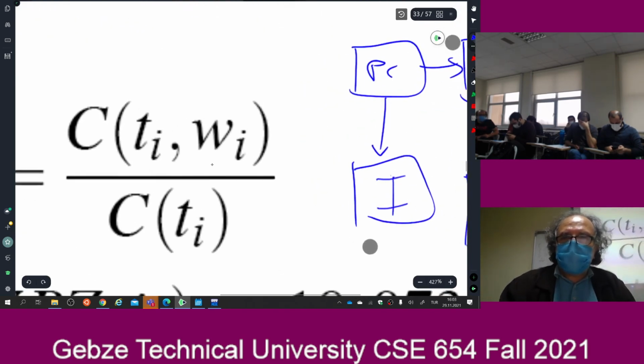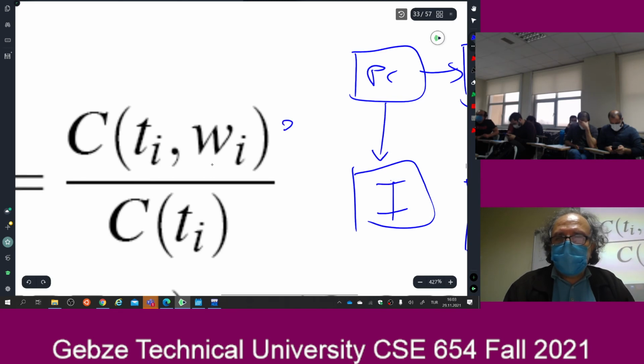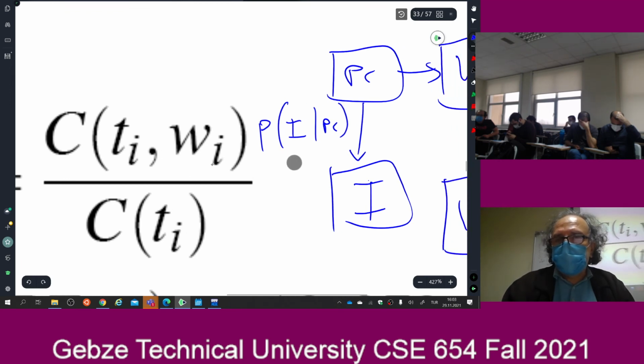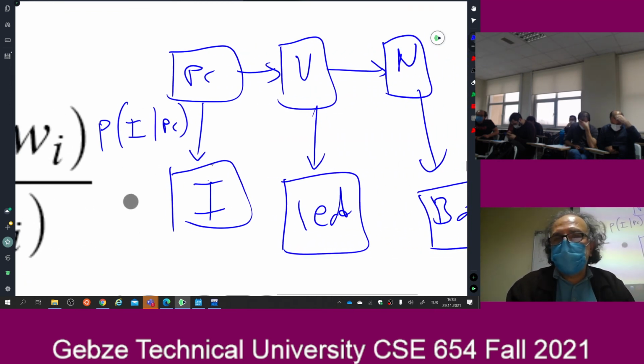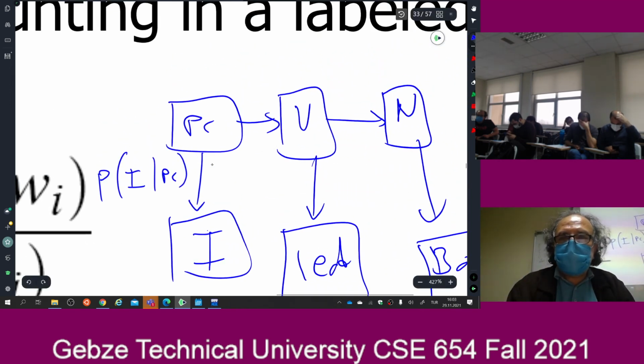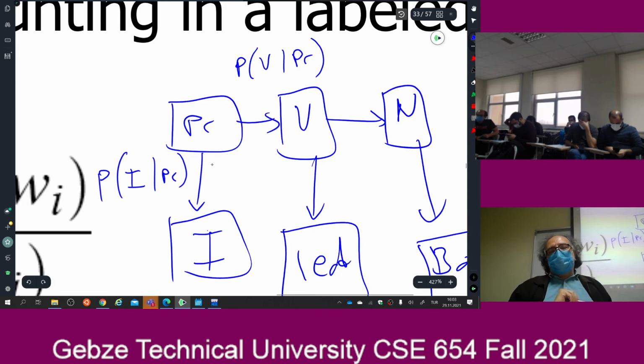Here I calculate, given the tag pronoun, the probability of observing I, the observation likelihood. This one says that given pronoun, what is the probability that the next one will be a verb?